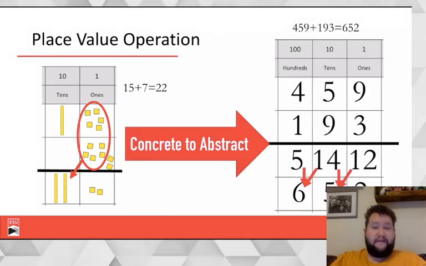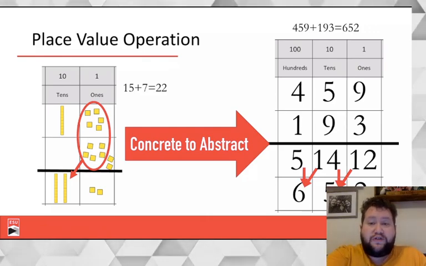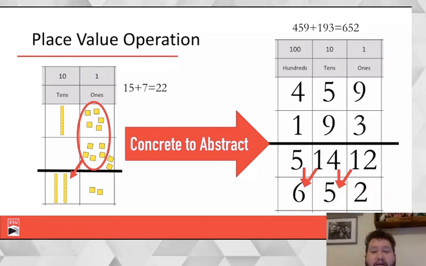And that, very concrete with manipulatives, is what leads us to the more generalized standard algorithm, where we start to think about place value. And I have a slightly larger example, 459 plus 193. Well, 9 plus 3 is 12, so I have 12 ones. 5 plus 9 is 14 tens, and 1 plus 4 is 5 100s.